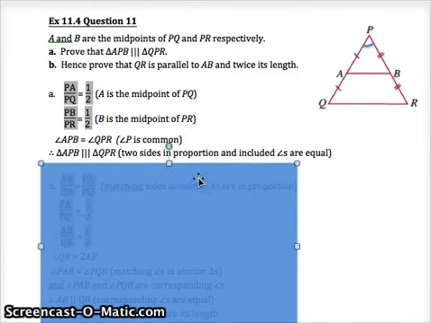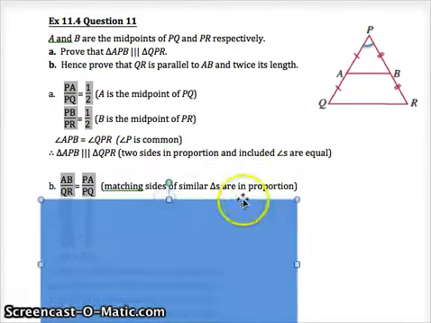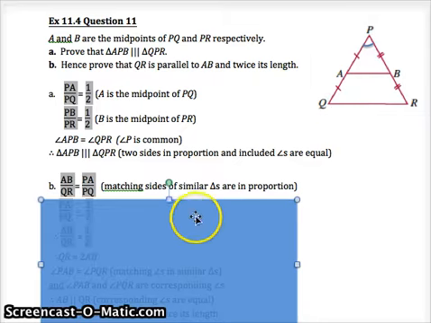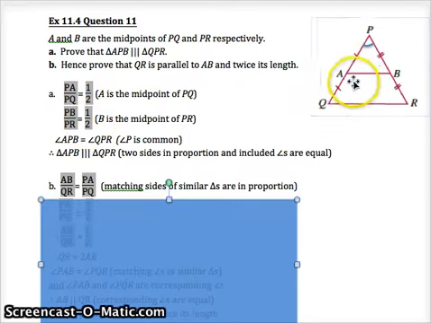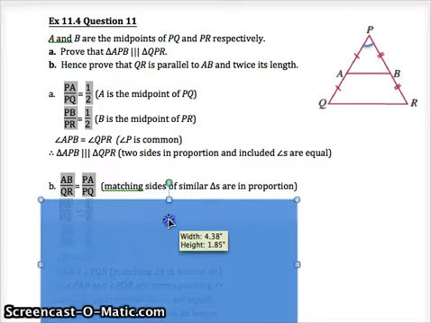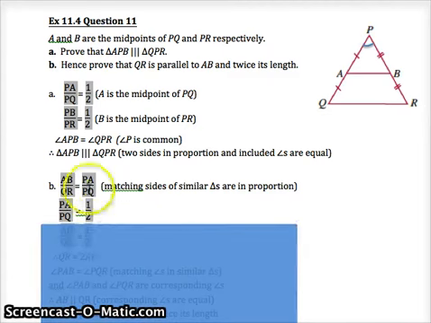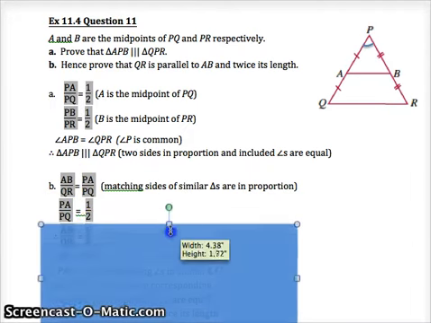Now you don't need to do the whole three sides. You only need to do two sides at a time. So here we're saying that AB over QR equals, I'm going to choose this side, PA over PQ. Now, to give a value to AB and QR, you need to bring in some of these values that we used here in part A. We said AB over QR equals PA over PQ, but we know that the ratio of PA over PQ is also a half. Because we've got PA over PQ twice here, AB over QR therefore is equal to a half as well.